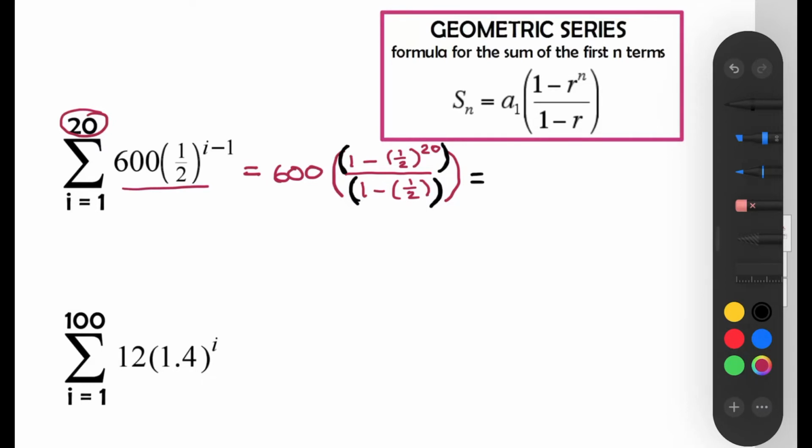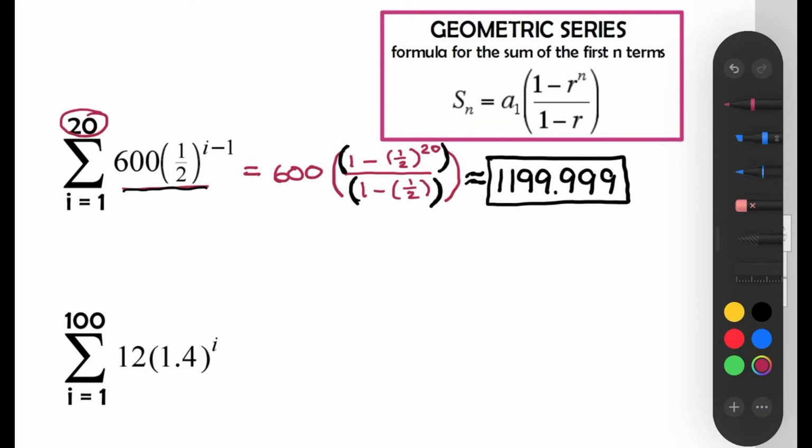I am getting 1,199.99 rounds to 1,200. I think that's approximate because as you do this 20 times, your final terms there are going to be so small.